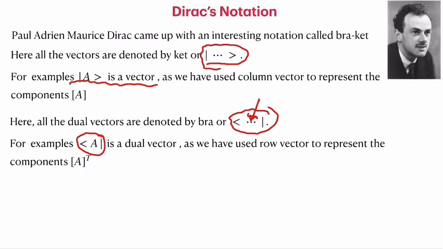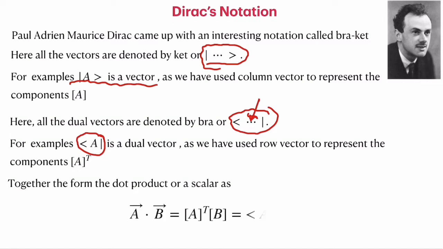But in the case of our vector notation as matrices, we have used the transpose of a column vector, that is a row vector. We represent a dual vector as a row vector so that their dot product becomes a number, and here the scalar product is an operation between the bra and ket, or the vector and dual vector.